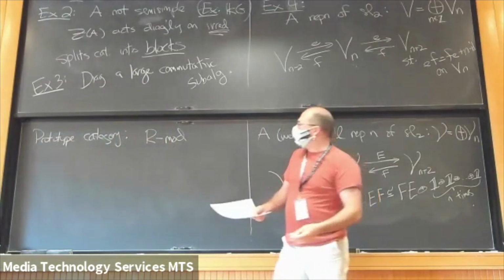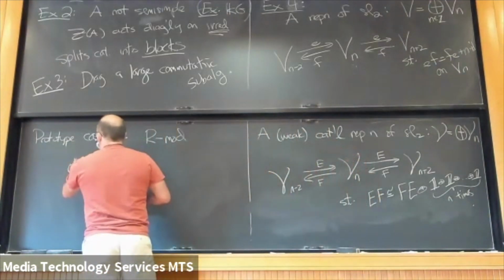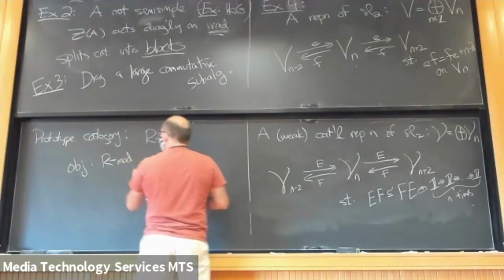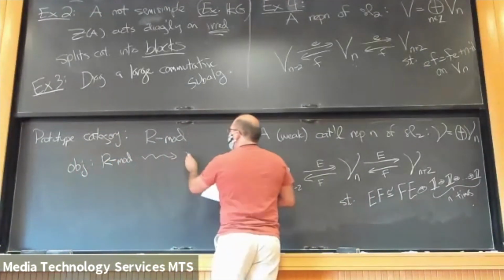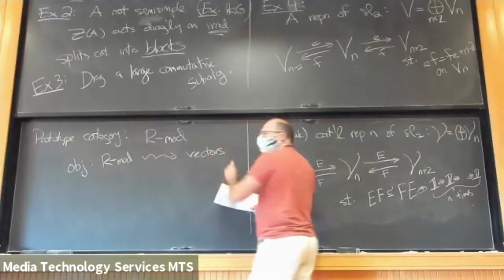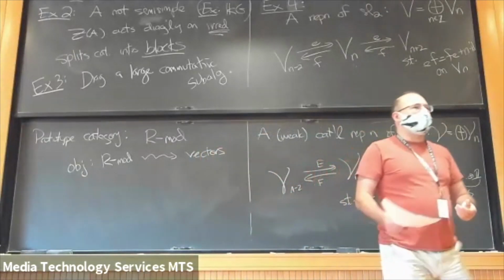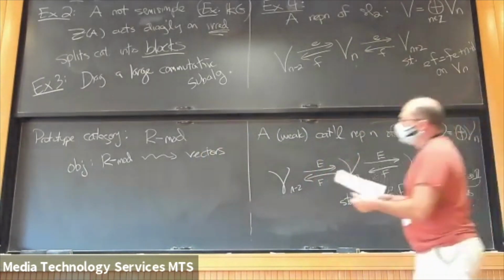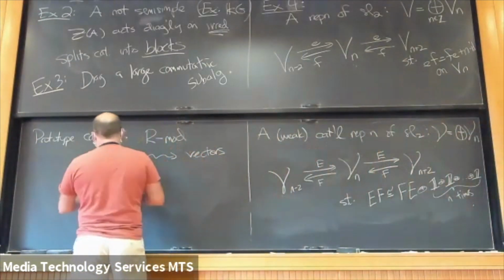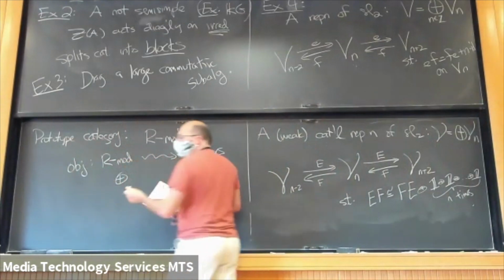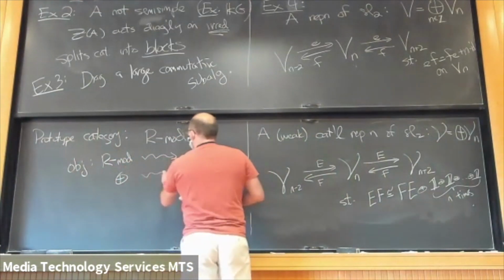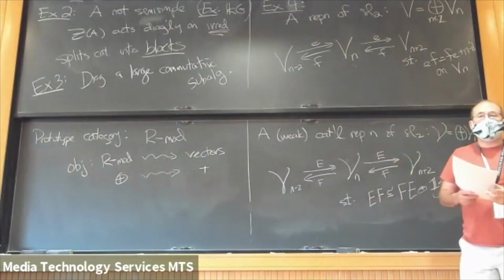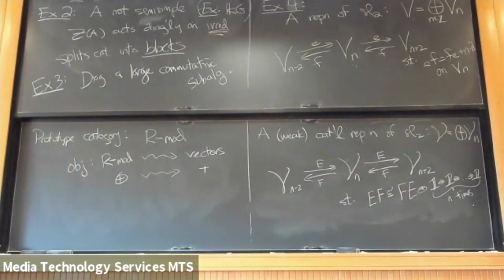And what a category has is certain objects, which in this case are the modules themselves. You should think of these as lifting what used to be vectors. So if you're in the normal world of linear algebra and you had a vector, you should think of that as being lifted to some R-module. And one thing you can do to modules is take the direct sum of two modules to get another module. That is supposed to lift addition. And in all our categories, we're assuming there's a direct sum.